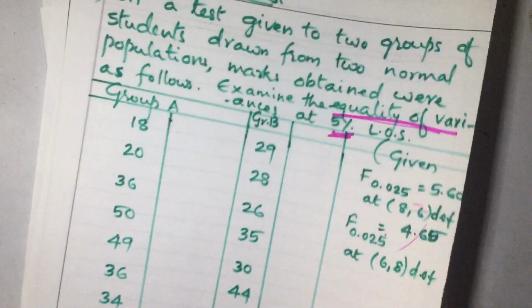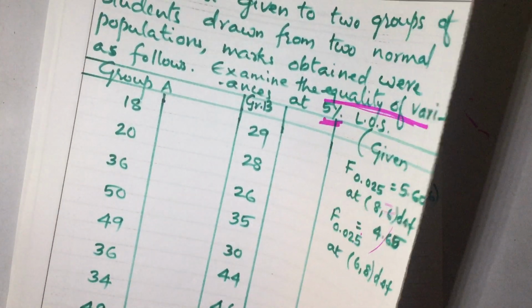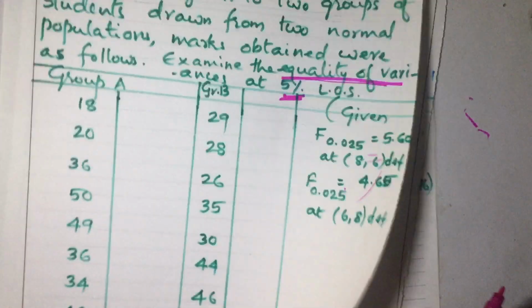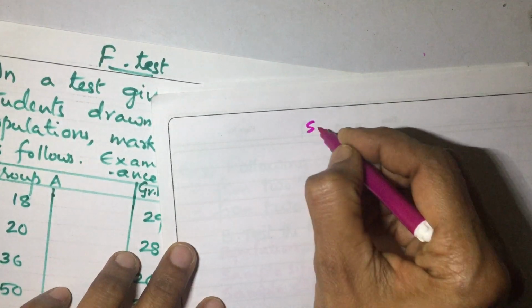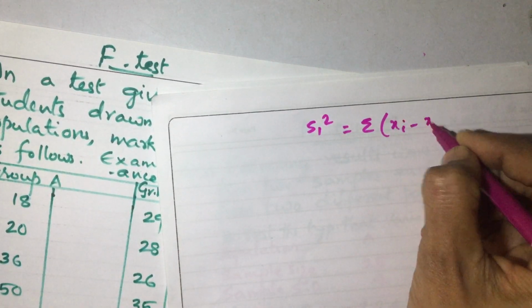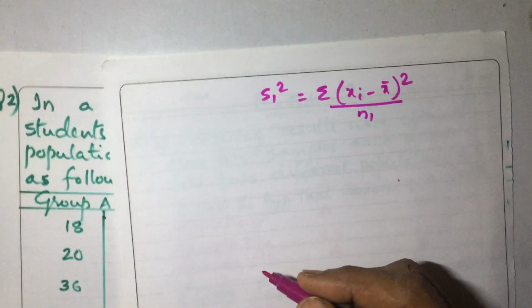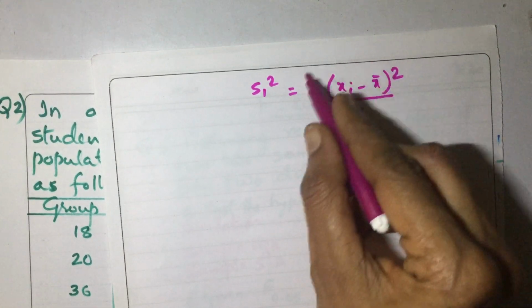For that we will calculate now. In the first lecture we had already discussed that s1 square is summation of xi minus x bar the whole square divided by n1. So from the data given here you will find out this one.